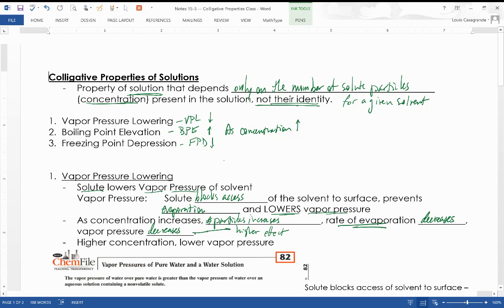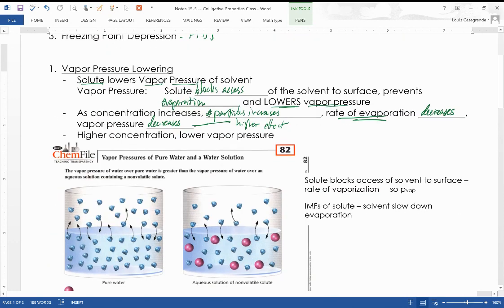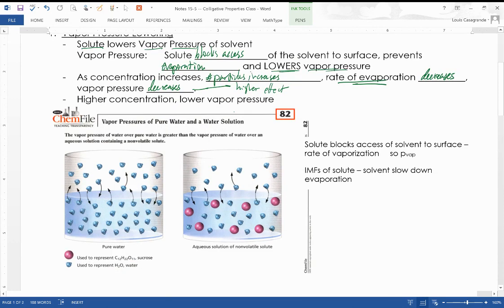So here's a diagram of exactly what's going on, a picture of what's going on in solution. On the left of this diagram, we have pure water. In pure water, we have the evaporation rate and the condensation rate, and the two of those should be equal. Now, what's going to happen is we're going to put some sugar. Sugar here is represented by this large purple sphere. It could be almost anything. And that large purple sphere is going to get in the way. So now we're blocking access here. So there are fewer molecules at the surface.